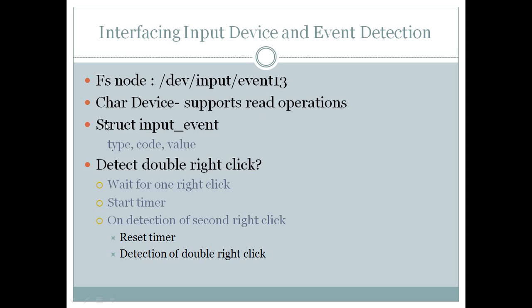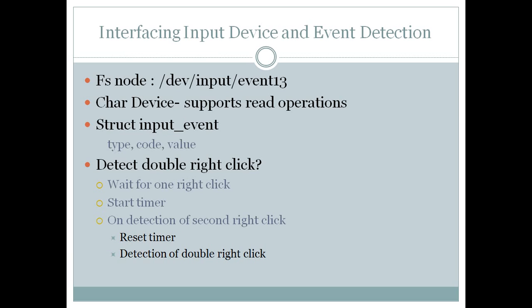This input event has the elements type, code and value. Using these elements you can detect if it is a right click pressed or released, or a left click press or release, or any movement other than that.